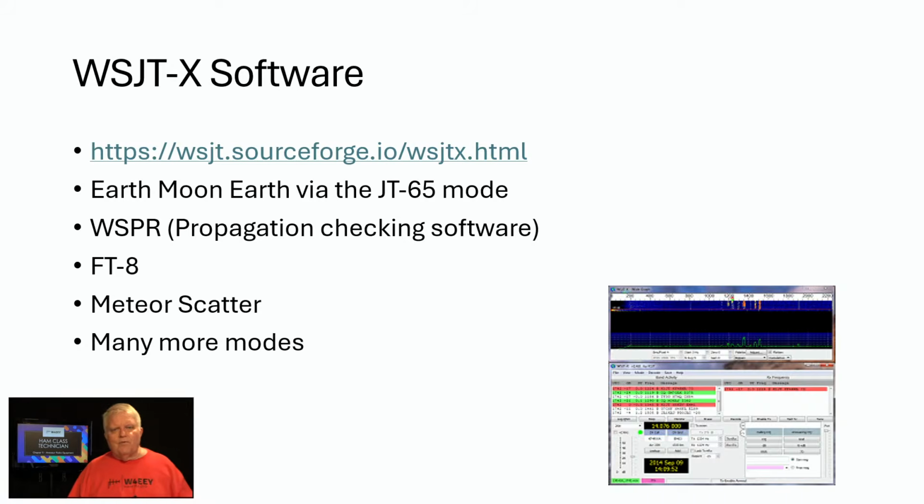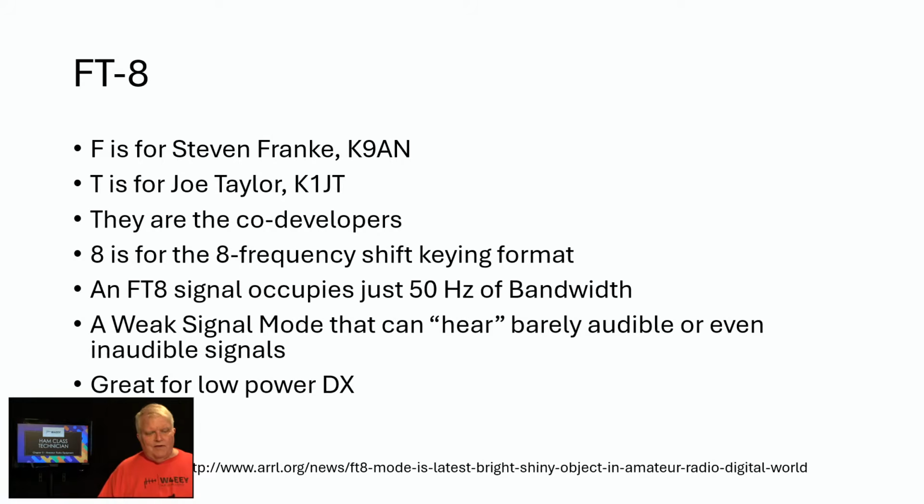JT65 was the first mode, and that's still included in the software. WSPR, weak signal propagation reporter software, is also popular, but FT8 is the big one. And FT8, F is for Steve Franke, T is for Joe Taylor. Joe Taylor is a Nobel Prize winner for physics at Princeton, I believe. They're the co-developers.